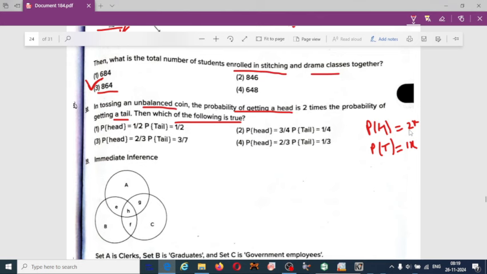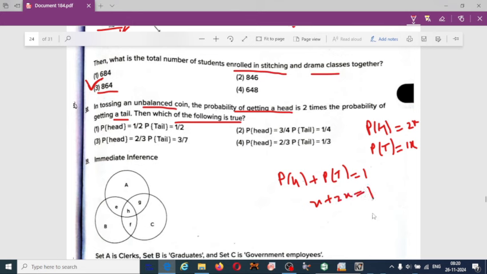The total probability is always 1, so head plus tail is equal to 1. If we observe here, x plus 2x is equal to 1.